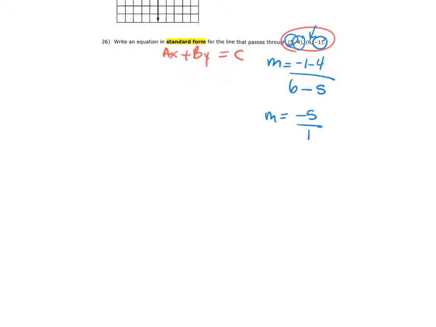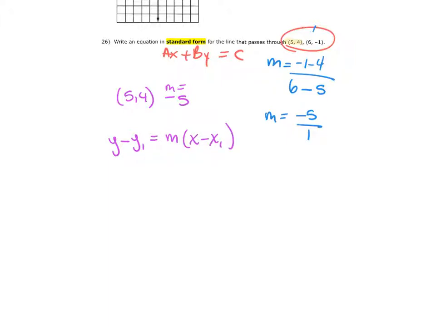Now I have the slope and I have points, so I can just pick one of the 2 points. Let's pick the one that has positives, just because it's easier to work with. So then I would say my point is 5, 4, and the slope is equal to -5. The point slope formula is y minus y1 equals m times x minus x1.